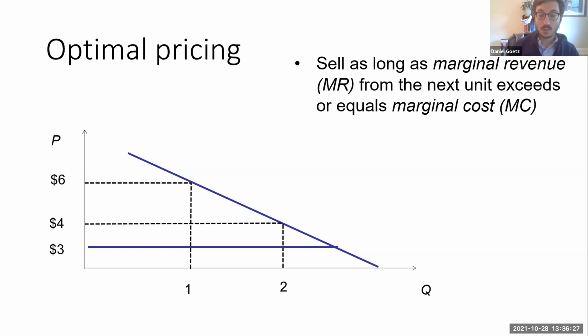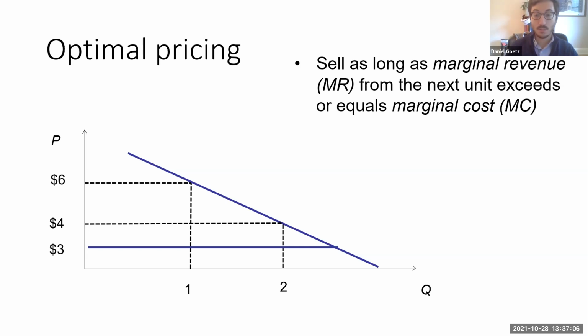So the right thing to do here is a little counterintuitive because it's actually going to be to sell at $6 just to consumer A. That's going to be true even though B is willing to pay $4 and it only costs us $3 to make it. So with B, we could still be selling it at a profit. However, when we look at these profits, if you're selling at $6, you sell 1 unit, you make $6 and it costs you $3, so you're making a profit of 3.